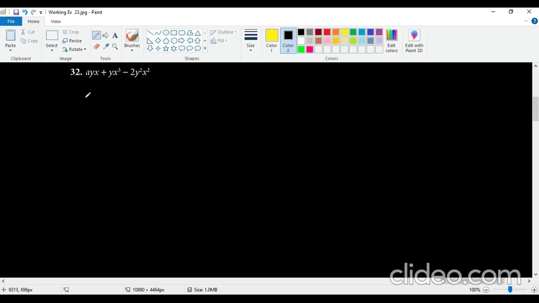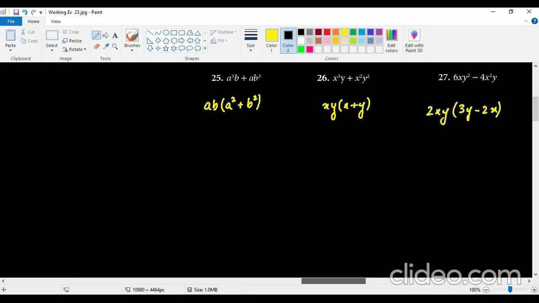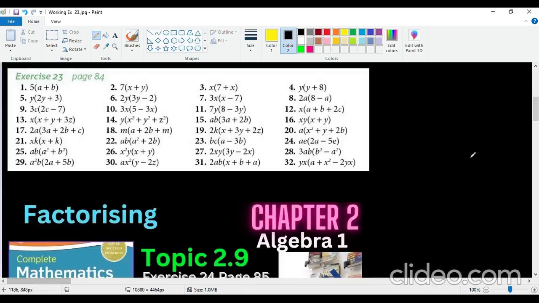Now in this question, it's going to be x and y common, and inside the bracket I will have a plus y taken out, x square and minus 2xy. These are the two factors. When multiplied together or expanded, they give you the same answer. Now these are the answers that you can see.